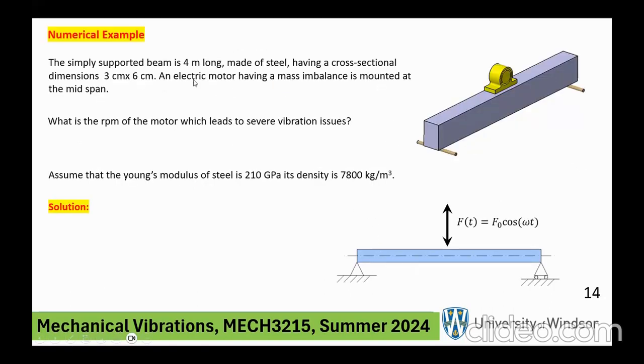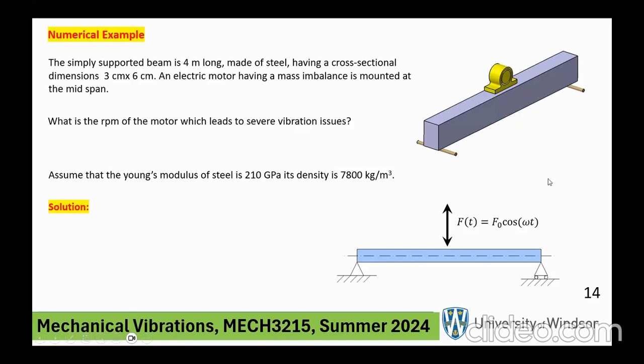Suppose that we have a simply supported beam like that, 4 meters long, and the cross section is given, 3 by 6. There's an electric motor sitting up there, which has an imbalance, and therefore it will create a harmonic force of some magnitude.